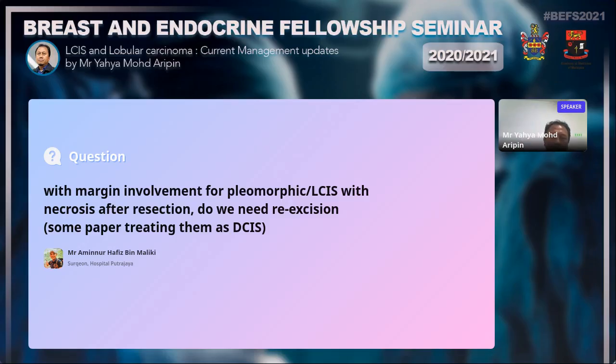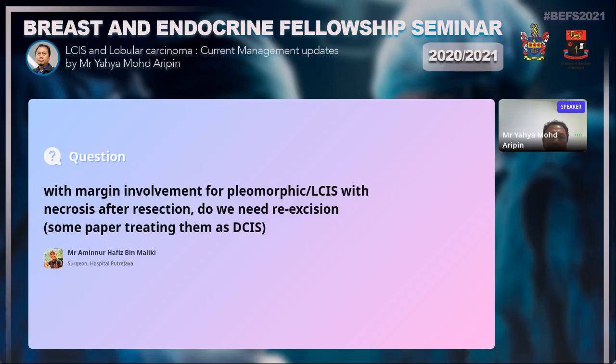Depending on which margin is involved, you have to go in again and do cavity shaving. Do we need re-excision?